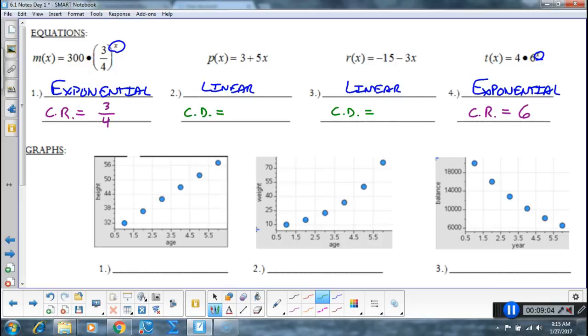It's the number it's attached to again, but this time it's not in the base spot. It's the coefficient right there. Whereas over on these it was the base.